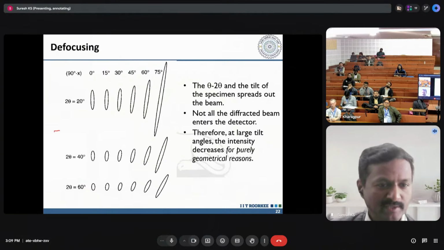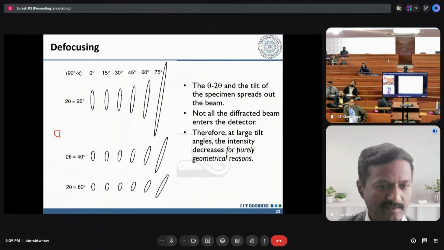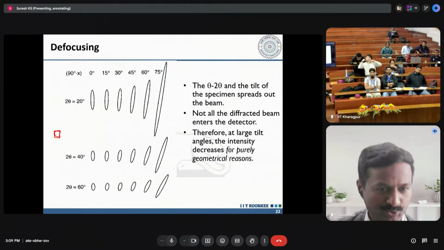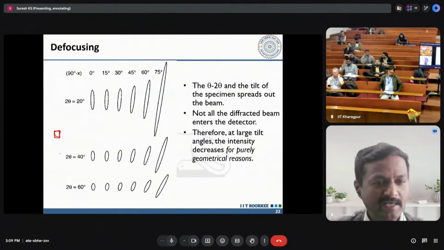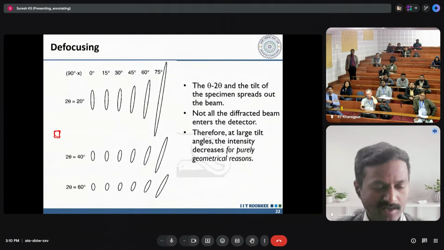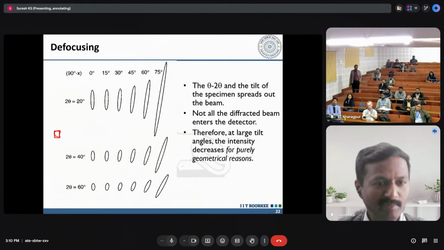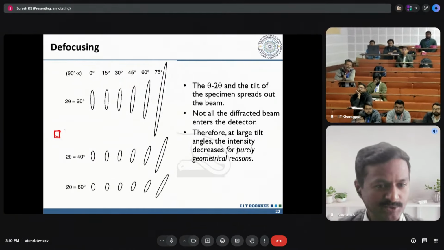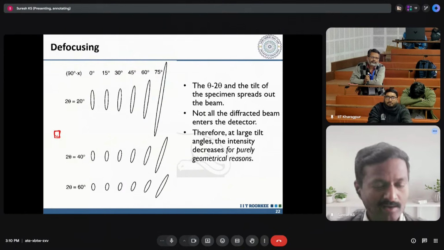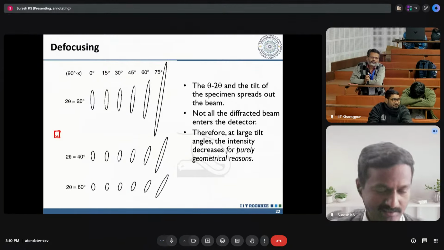Yes, assume that I have a square opening in front of the X-ray source. Now, if I keep my sample exactly opposite to this opening, then the same area of X-ray coming out of the source is going to fall on my sample surface.